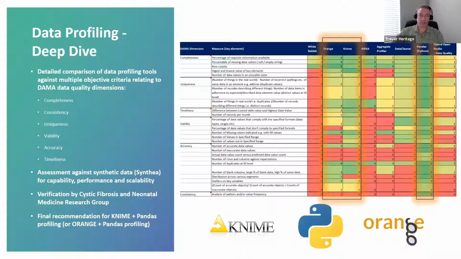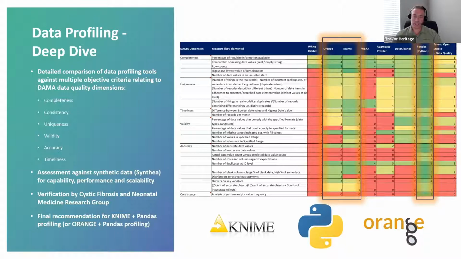The primary focus of the project, however, was not necessarily broad data quality tools, but really to focus in on data profiling. So we used the prior analysis to identify 8 tools shown across the top of this chart here that proved most capable for data profiling.